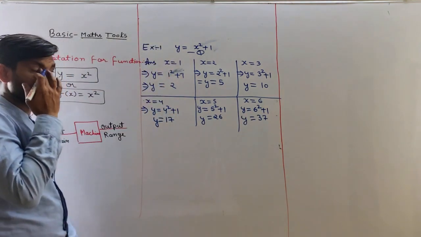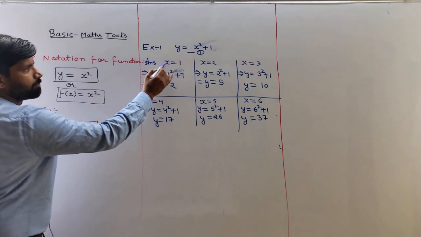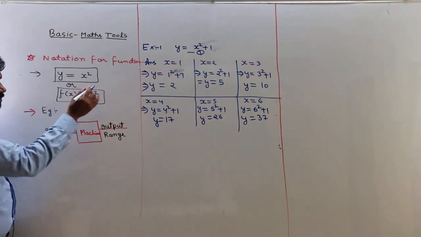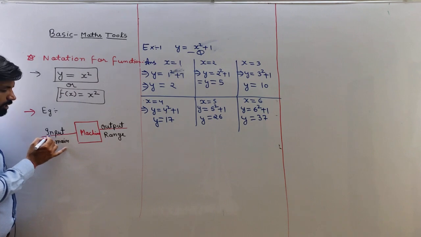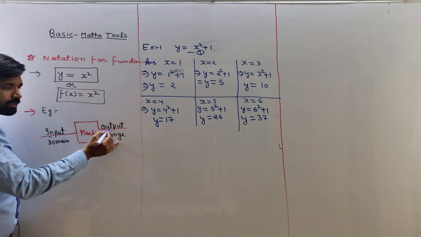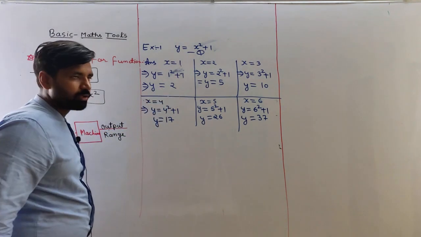Okay, understand? So simple. If we put x is equal to 1 as an input in this machine, what will we get? Output. What is output? y is equal to 2.